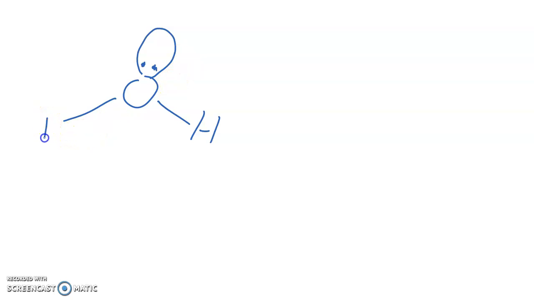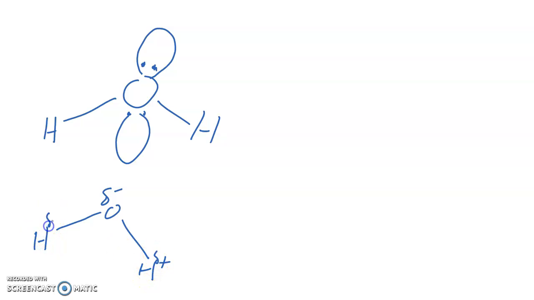Let's use a water molecule, for example. There are two pairs of lone pair electrons, and therefore, if we look at it from the side, there will be a partially negative charge over here and a partially positive charge over here with the hydrogen.